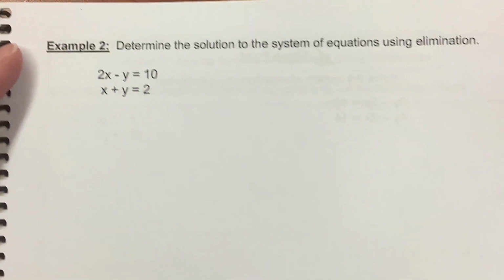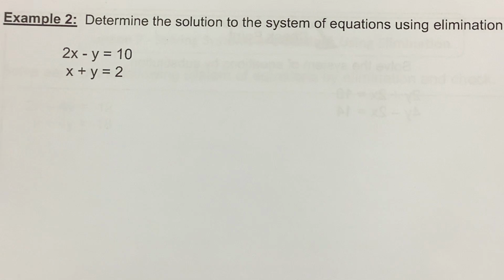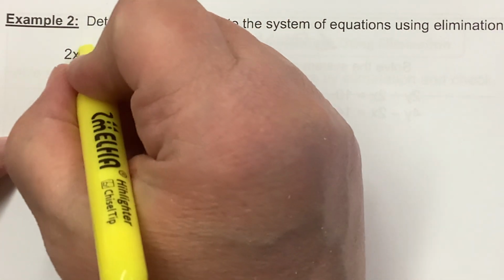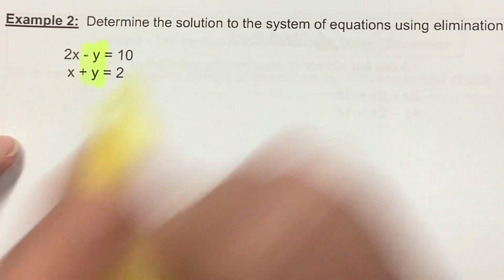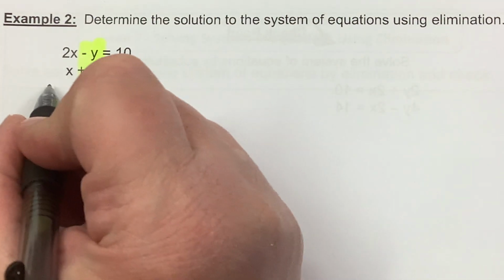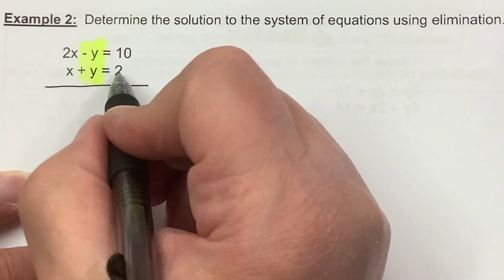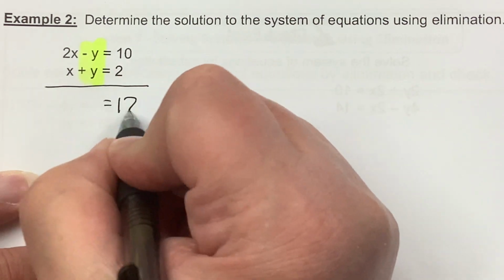All right, let's try this one. Make it a little bigger so you can see it nice and easy. Which one has the same variable, the same coefficient, and opposite signs? Well, that would be the y. So I am going to eliminate the y. So how do I do that? First, I'm going to add them vertically. 10 plus 2 is 12.